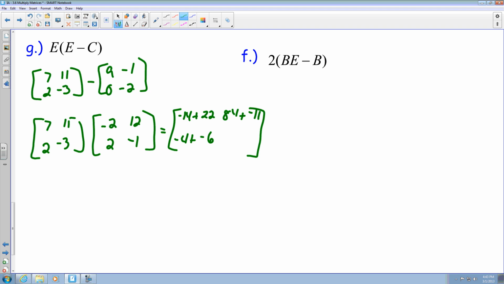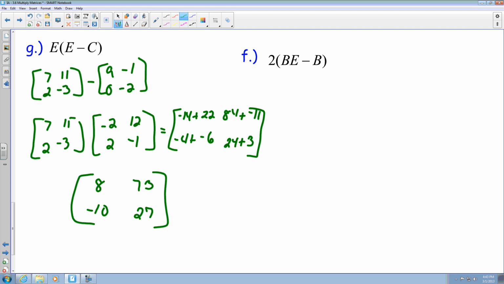And then the last one, I'm going to use row 2 of E, column 2 of E minus C, which then gives me 24 plus positive 3. So when I add those together, I get 8, positive 73, negative 10, and 27.